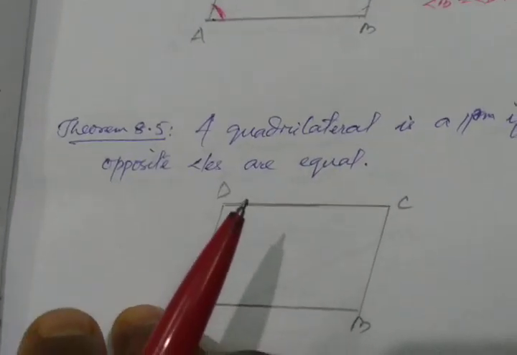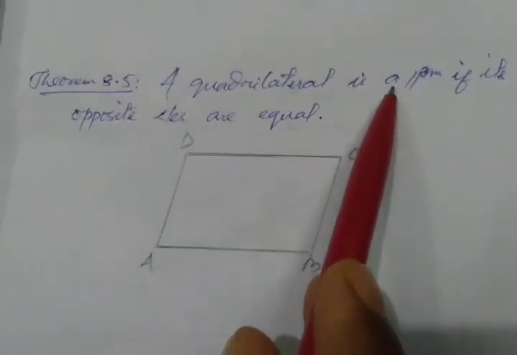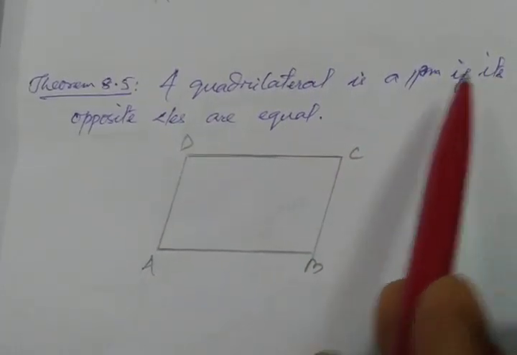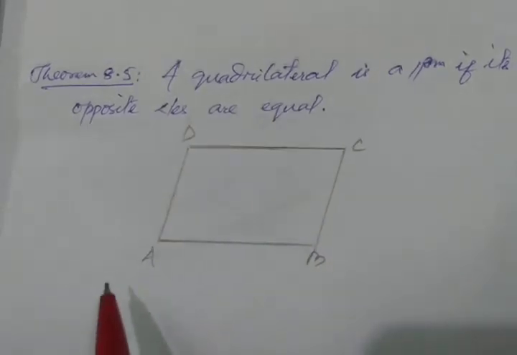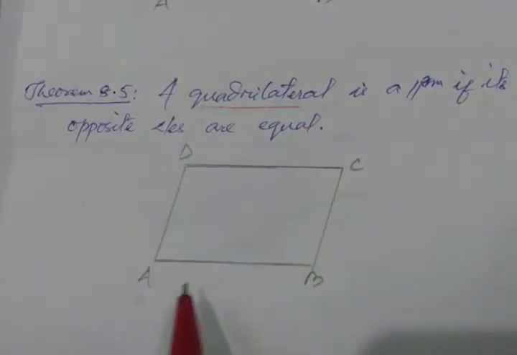Now theorem 8.5, it says a quadrilateral is a parallelogram if its opposite angles are equal. Now it talks about quadrilateral.